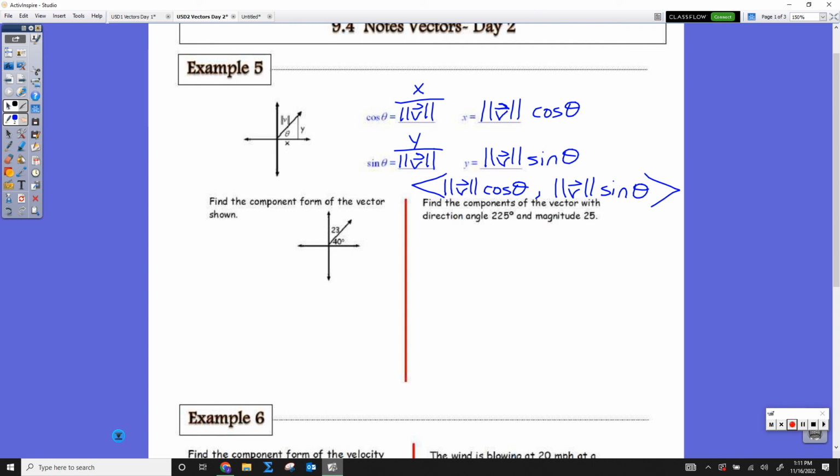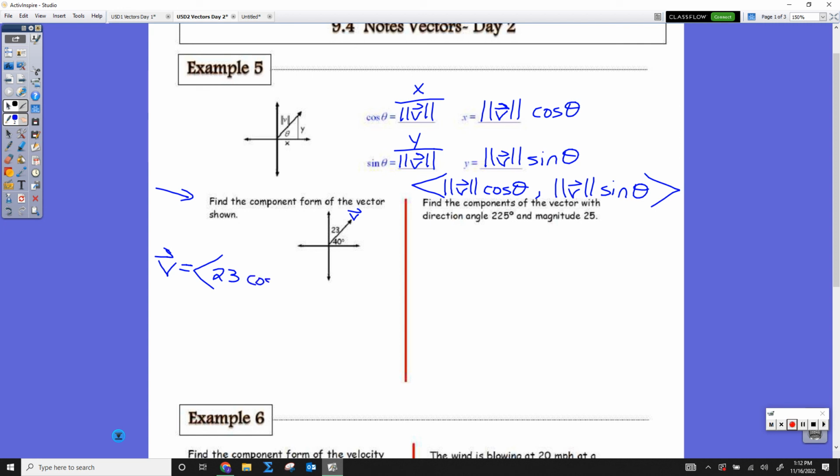So for instance, if I gave you this problem: find the component form of the vector shown. We have 23 and 40, right? What does the 23 represent? The magnitude of our vector. 40 degrees is our directional angle. So we're simply going to call it vector V. Vector V would be equal to, well, we already know the magnitude, 23, times what?